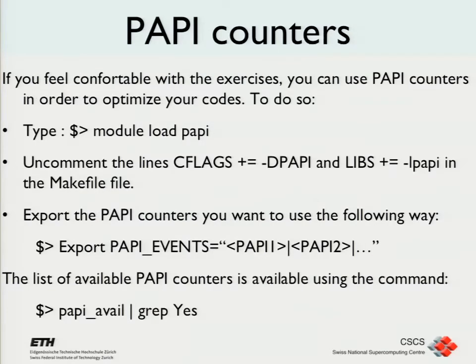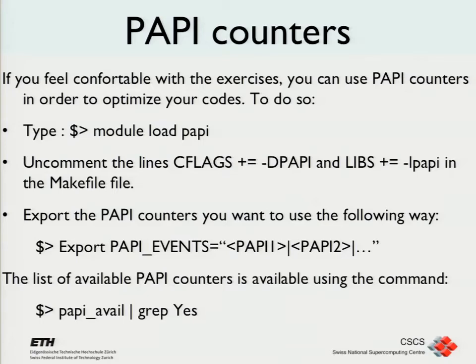Before this, if you are comfortable with the exercise you did before, you can try to use the PAPI events in order to see, for example, the L2 cache misses and the TLB misses and that kind of stuff. If you want to do this easily, you can use a simple code that is inside the directory, and it's going to use this environment variable where you define the counters you want to use.